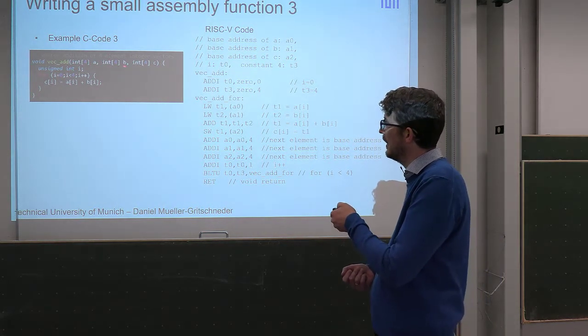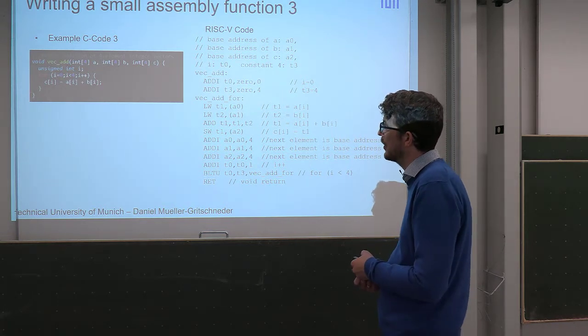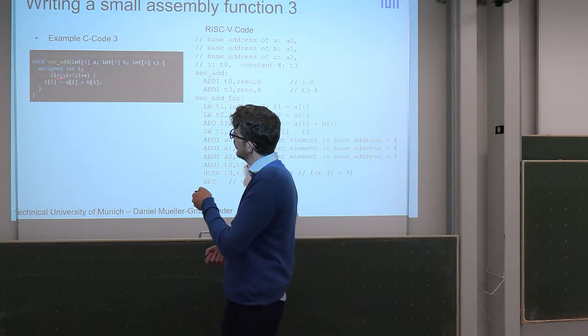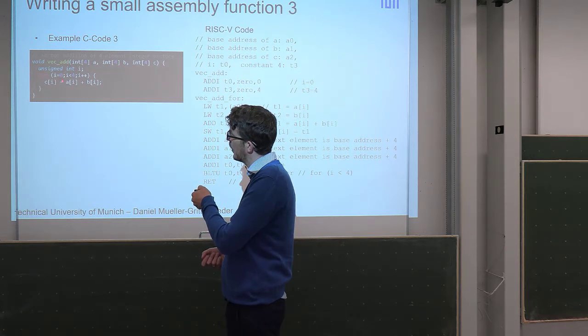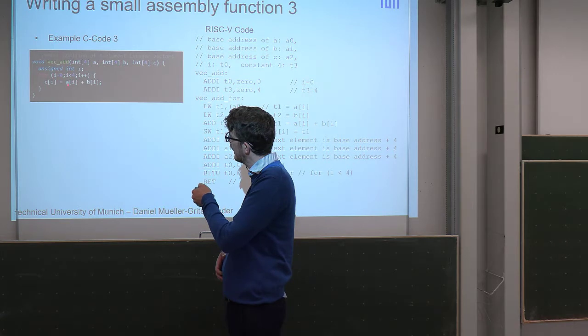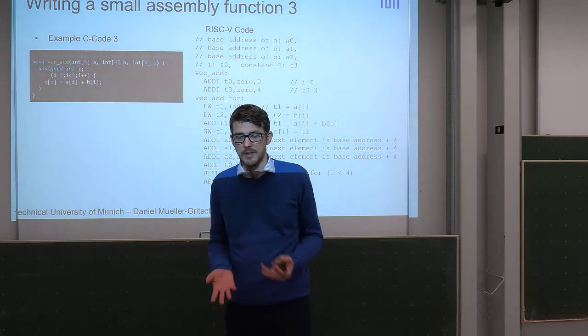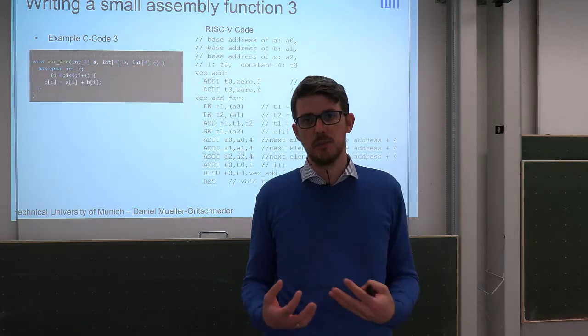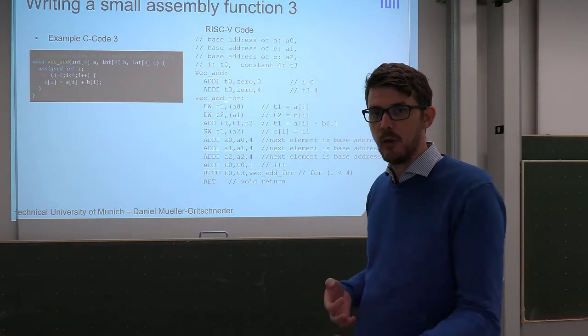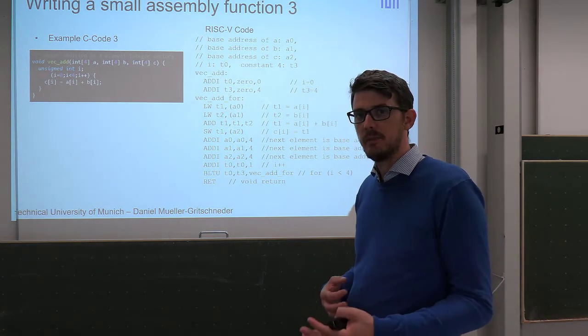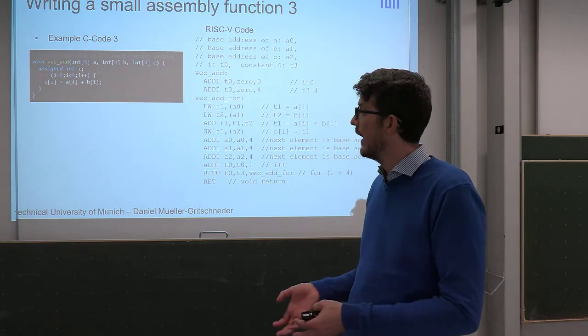And the same is for B, and the same is for C. Now what you want to do is iterate over these 4 elements, with I going from 0 to 3, right? 0, 1, 2, 3, 4 elements, and you're always adding the element of A and the element of B, and you're copying this into the array C. So A, B, and C are arrays, or vectors, with 4 elements. C is basically just a vector sum of A and B.